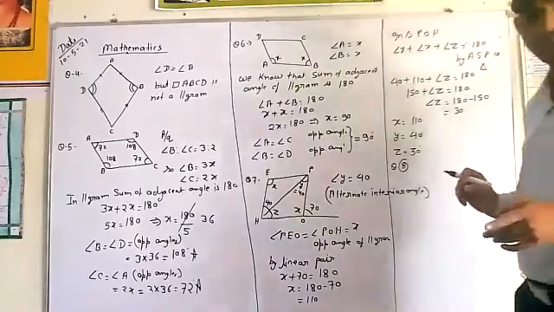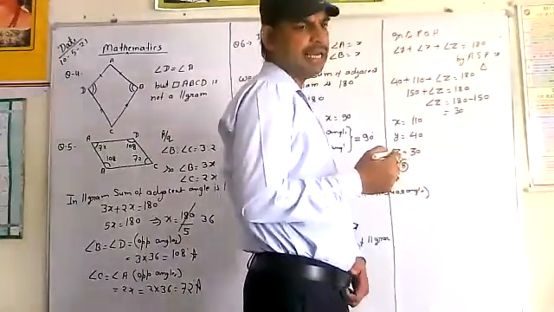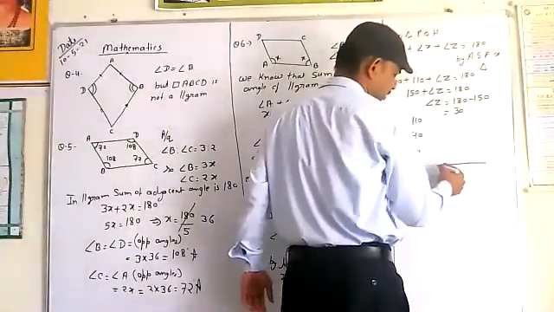Listen students, first पहले हम यहाँ पे ड्रॉ करते हैं, first quadrilateral is GUNS.